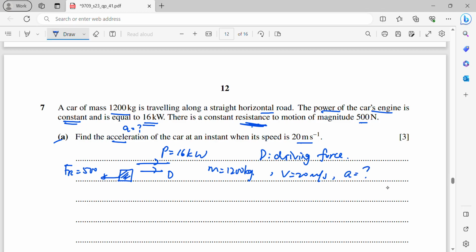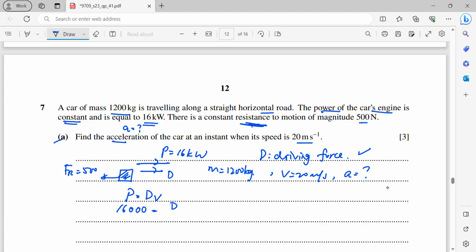What is the A? So from here, I have assumed the D is driving force. Alright, so we know that power is driving force times the speed. So now from here, the power is given 16 K watts. The K means 10 to the power 3.